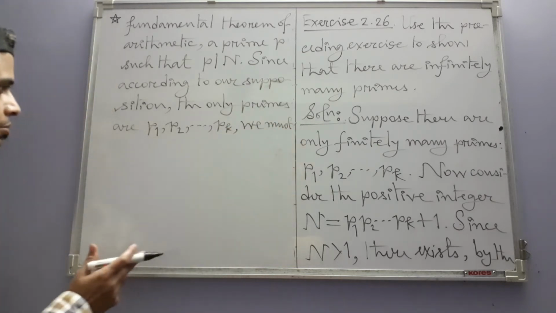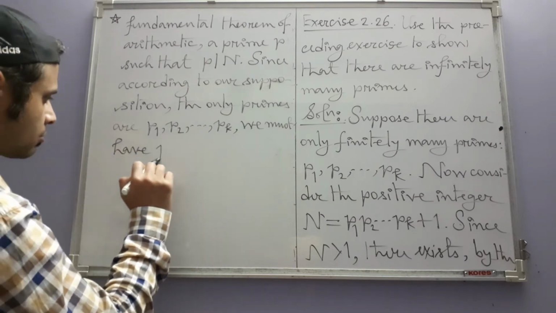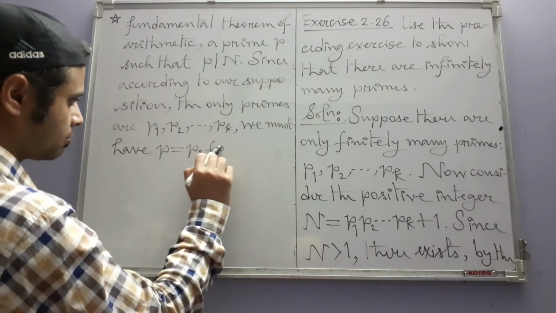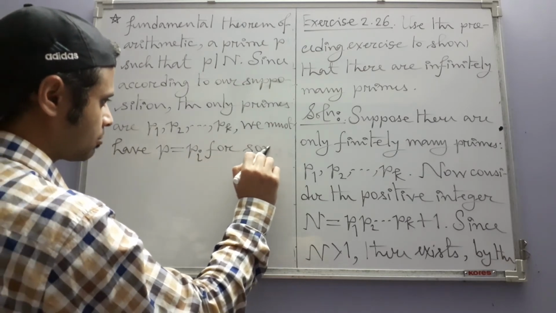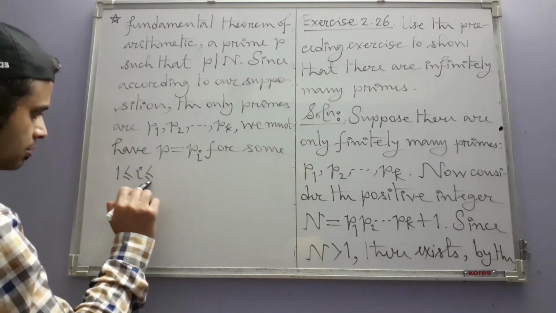So that means p must be one of them. We must have p equal to Pi for some i in this range.